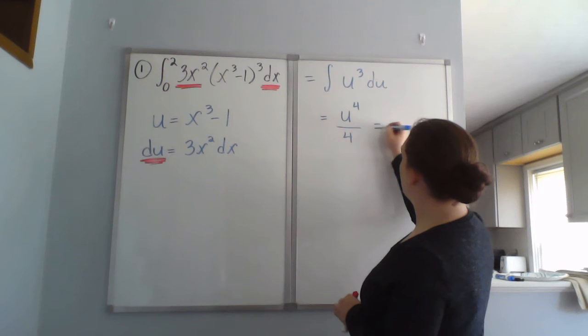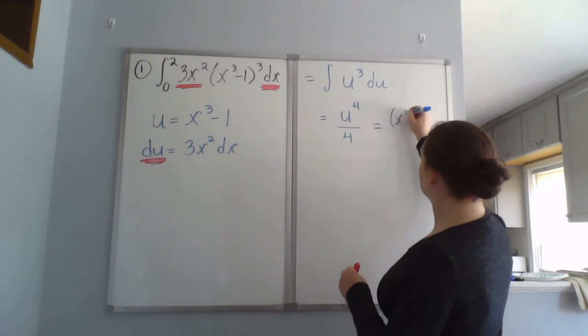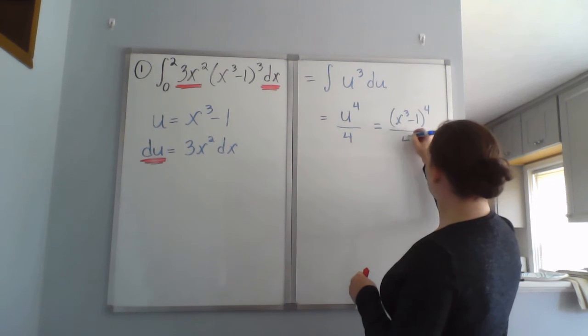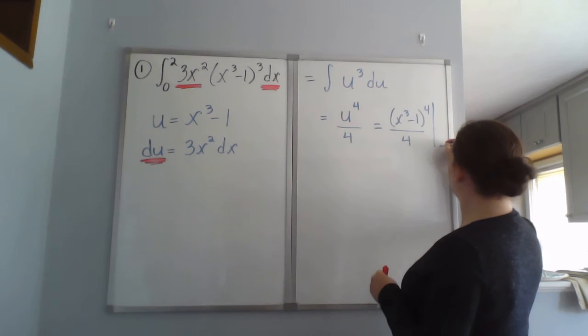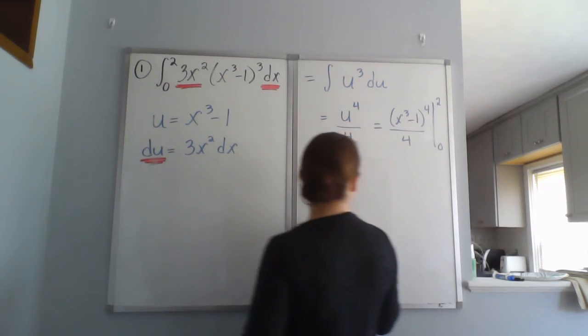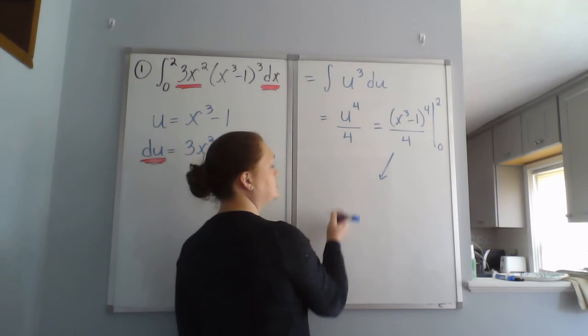So now I can replace the u with x cubed minus 1, to the fourth power over 4, and we can evaluate that with our bounds from 0 to 2. So here's where I'll go from there. The 2 goes in first.